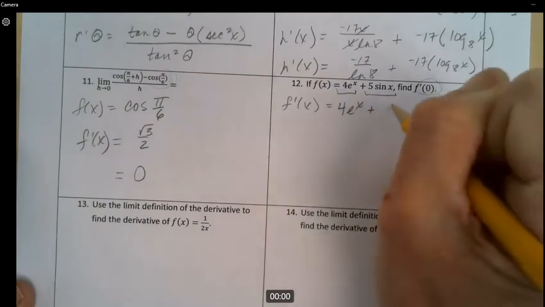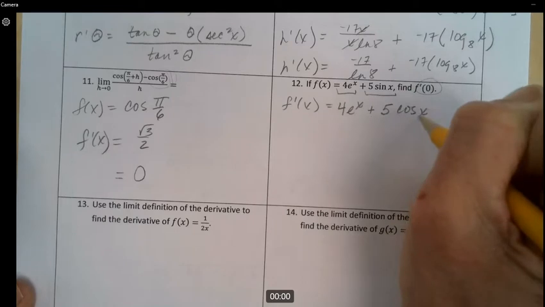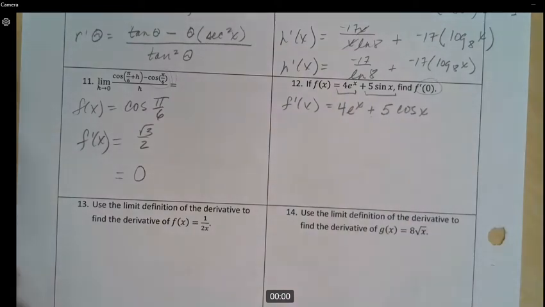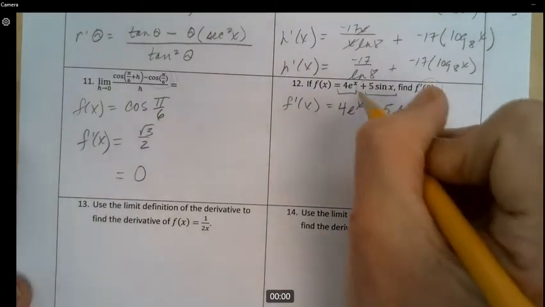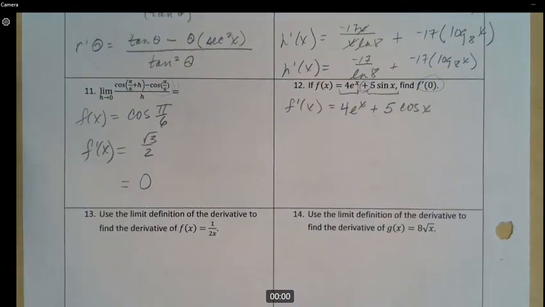The derivative of the sine of x is the cosine of x. So because of this addition sign, it's just the power rule down the line of the function. I don't have to do any of that fancy power or product or quotient stuff.